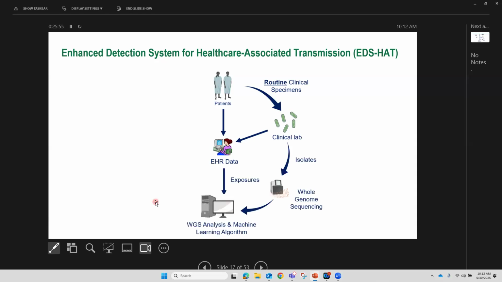We do whole genome sequencing, and then we identify the outbreaks by the sequencing and the responsible exposures or transmission route by the machine learning. We identify the transmission route. And then a key part of this is very close collaboration with our infection prevention and control team, because they're the ones that then will interrupt transmission.